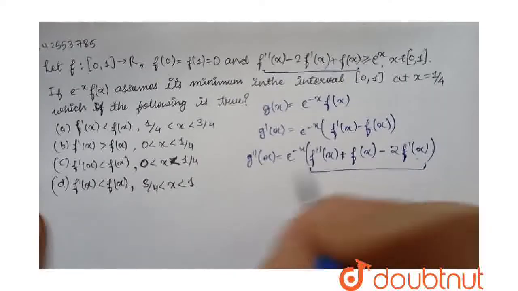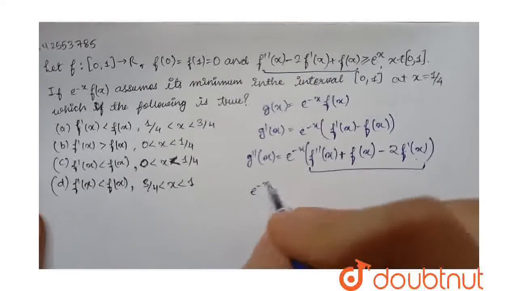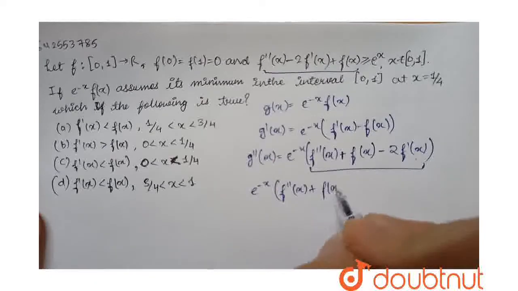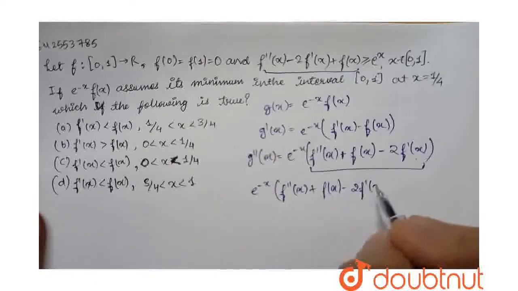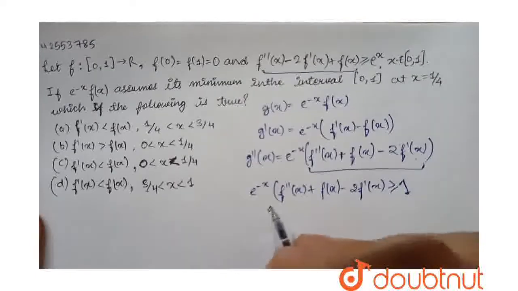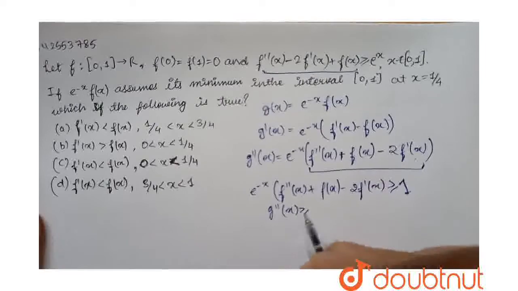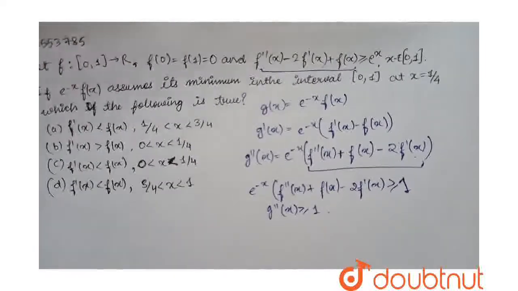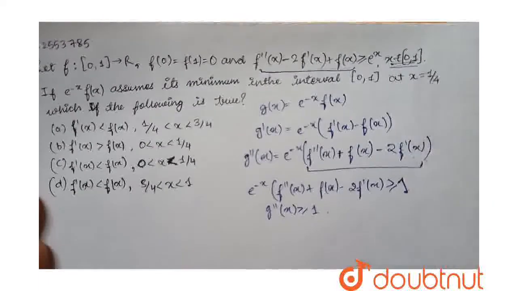So we know that e power minus x times f double dash x plus f of x minus 2 f dash x is greater than or equal to 1. So double derivative of g of x is also greater than or equal to 1, for all values of x in 0 to 1.